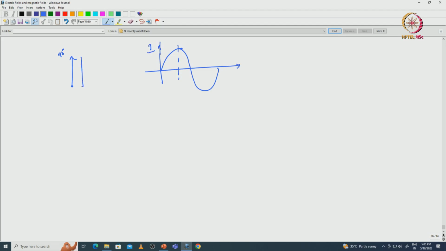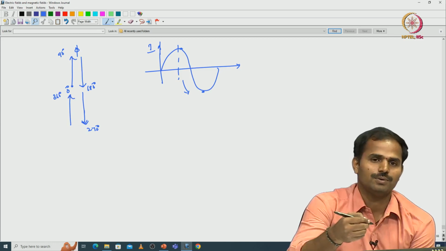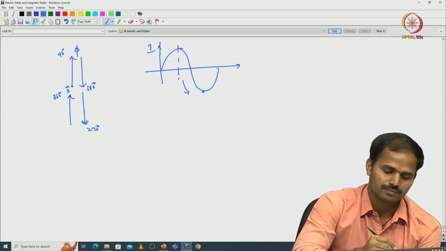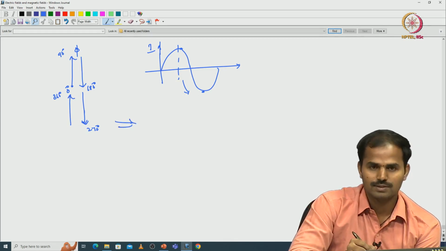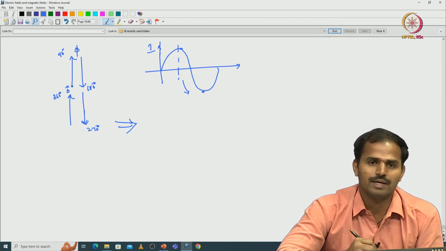At 180 degrees current will reach 0, that means the flux vector magnitude will also come down to 0, and from 180 to 270 the flux vector is increasing in the opposite direction and the magnitude is also increasing along with the current. Then it reached the maximum on the negative side. From 270 to 360 degrees the flux vector is increasing in a positive manner and it reached 0. So, this kind of resultant flux vector, can we call it a rotating magnetic field?